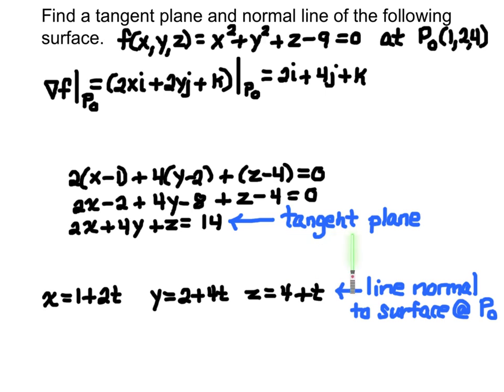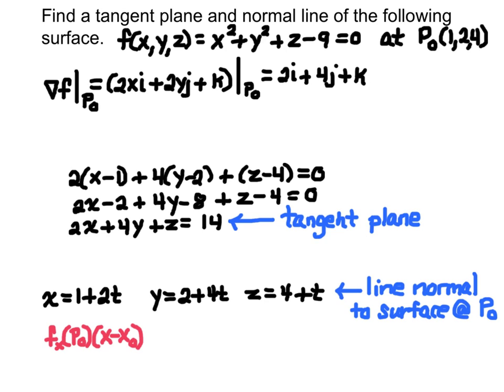So when we found the tangent plane here, we used our formula for the first part, which is the partial derivative of f with respect to x at P naught times x minus x naught.